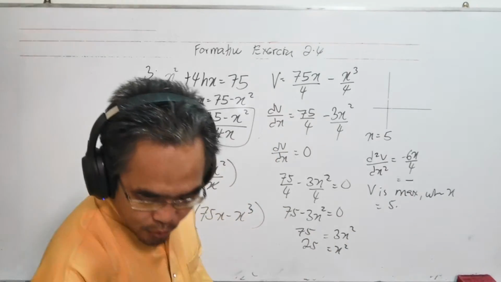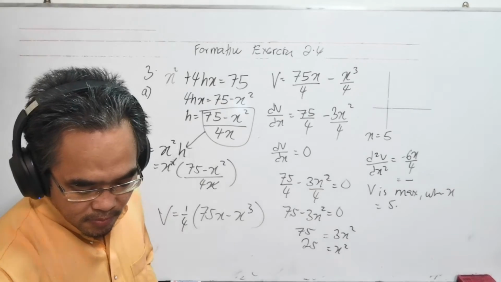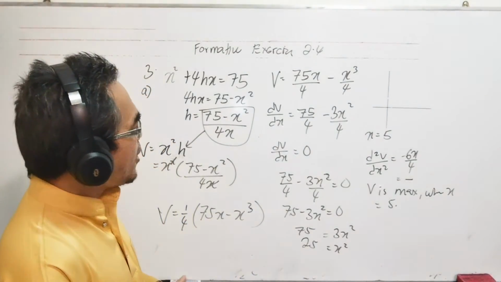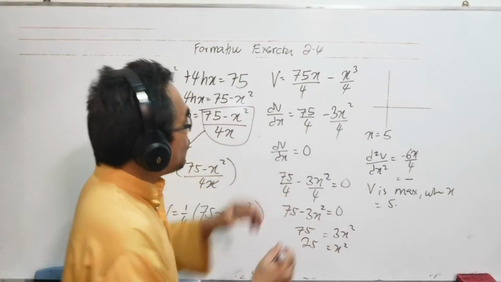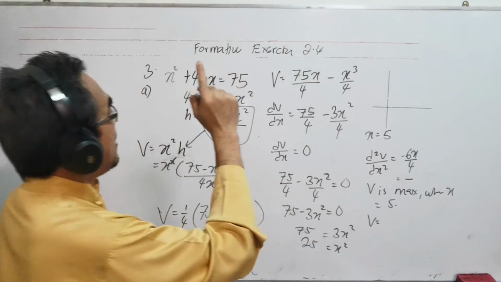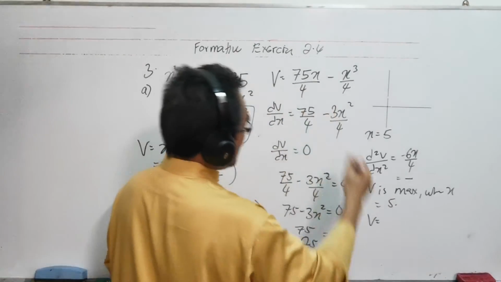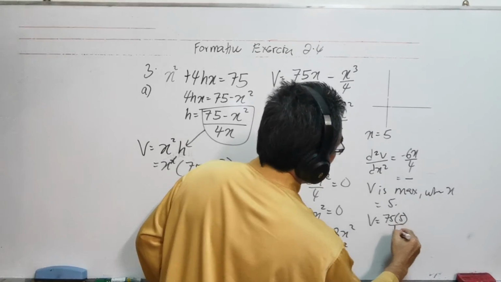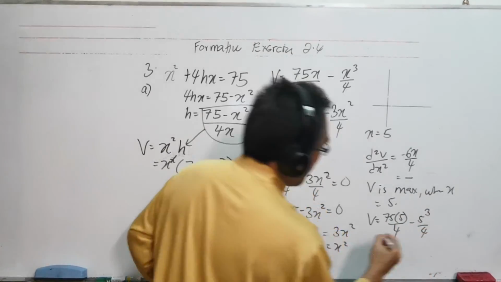Does it ask you for the maximum? It does. You are required to find what the value is. When x is 5, so V is, whichever form you want, 75 times 5 over 4 minus 5 cubed over 4.